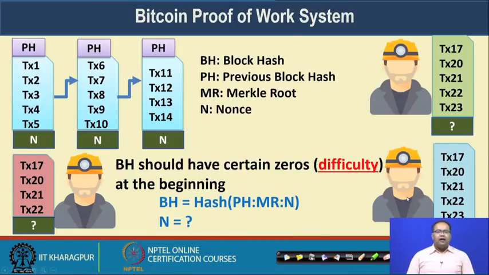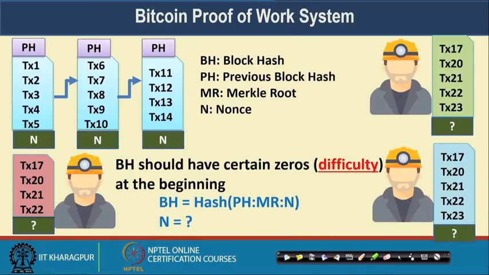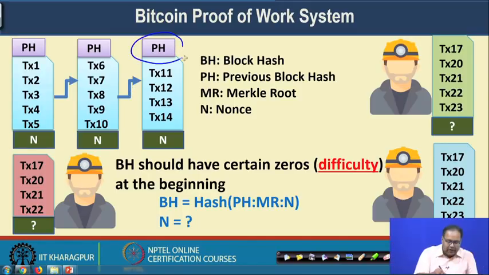So, this is the methodology for the Bitcoin proof of work system. In this system, you have an existing blockchain. If you remember the basic blockchain architecture, every block is connected to the previous block with the hash value. Here pH is the hash value of the previous block.